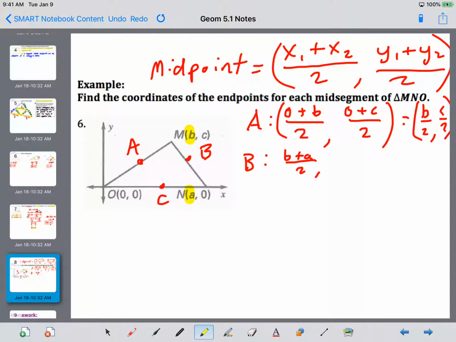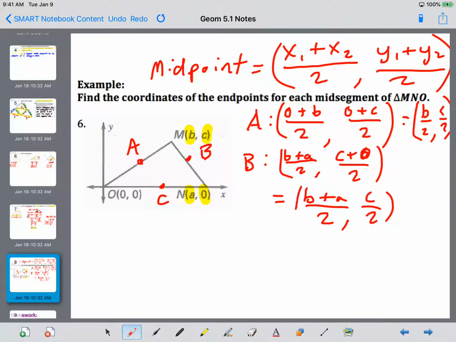And then we're going to do the same thing with the y, C plus 0. So we have C plus 0 and divide by 2. And then we simplify. So this is going to equal B plus A over 2. We can't add those together because they're not like terms. And then C plus 0 is just C over 2.